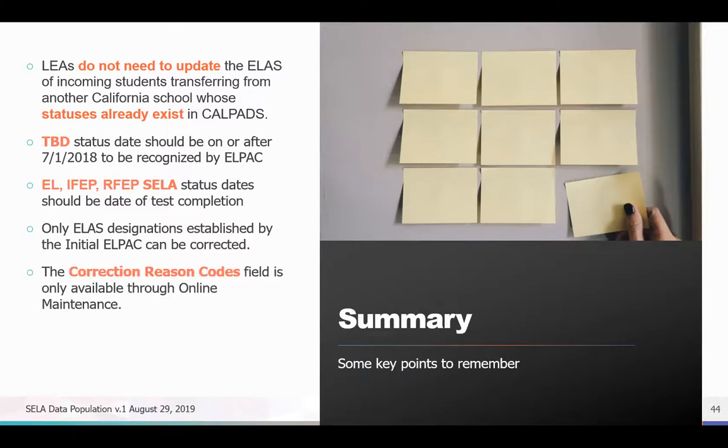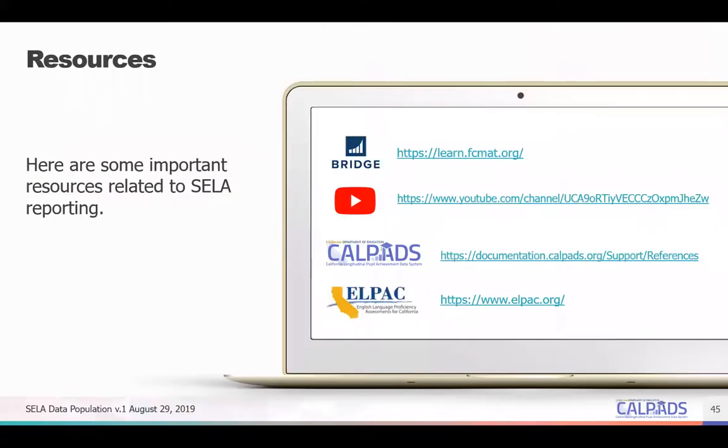Then again, as I've mentioned, the correction codes field is only available through online maintenance. And so if you find the need to submit a correction to a current ELAS status, you cannot submit a file with a correction code on it. You can only make the corrections manually online in CalPADS.